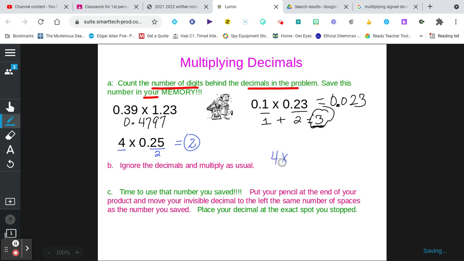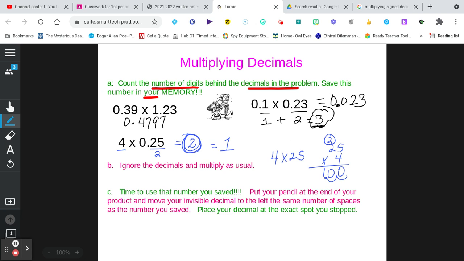It's really going to be 4 times 25, so I'll set it up as 25 times 4. 4 times 5 is 20. Carry the 2. 4 times 2 is 8, but 8 plus the 2 is 10. Now I committed the number 2 to memory, so start at the end and go 1, 2. So basically, this is just equal to the number 1. And that's all you do.